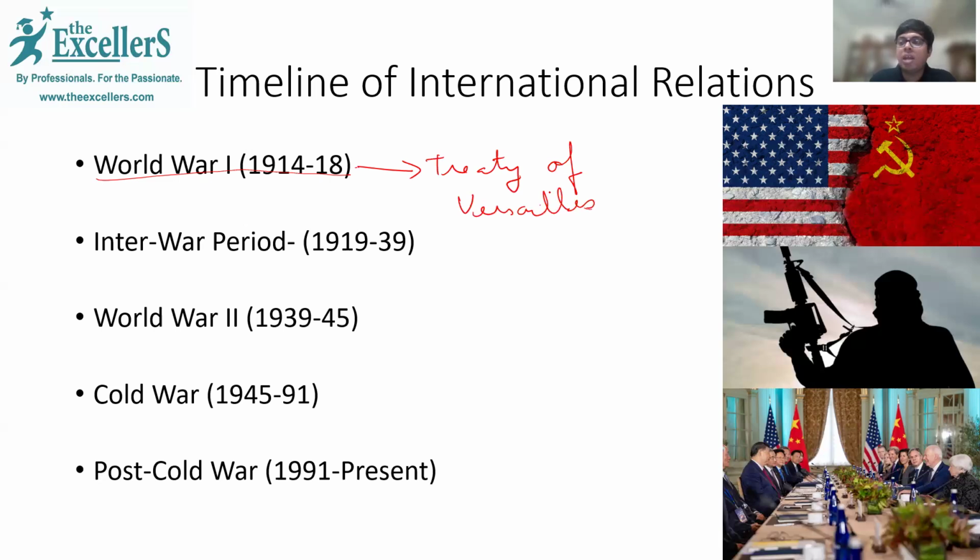The Treaty of Versailles came out of the Paris Peace Conference, but for practical purposes, you only have to remember the Treaty of Versailles. Versailles is a town on the outskirts of Paris where this peace treaty was signed, that countries will not fight each other, and the League of Nations was formed. That League of Nations was not actually effective in restricting countries from fighting. One of the main reasons was that major countries were not part of it, like the US and USSR, who didn't join the League of Nations.